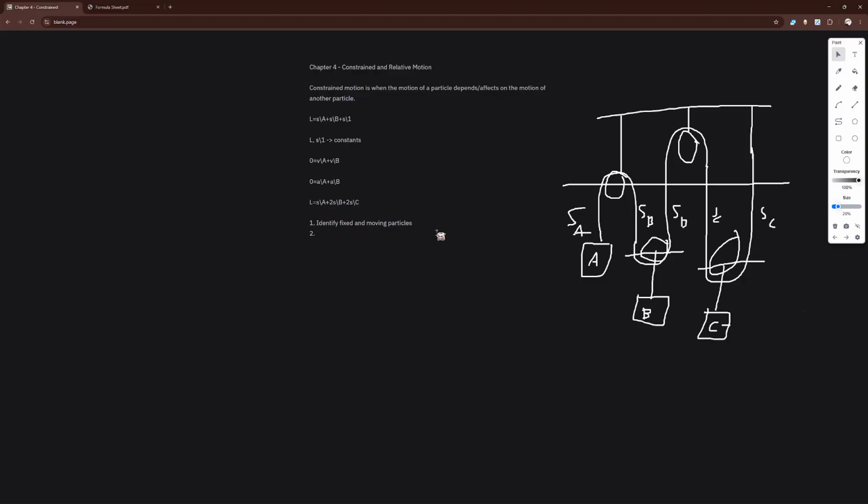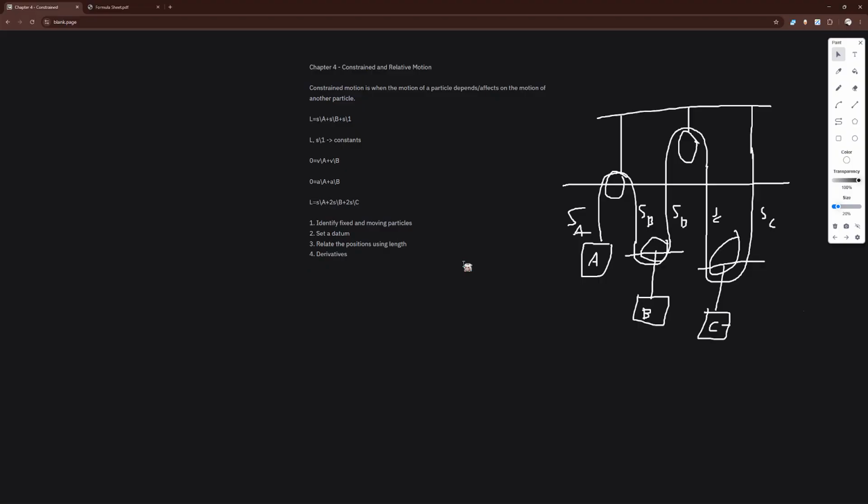And then for 2, you want to set a datum, like we did here, this white line, datum. And then for 3, you're going to relate the positions using length, like this equation. And then the final step is derivatives. Derivatives, right? Nice and easy. That's all there is to it.